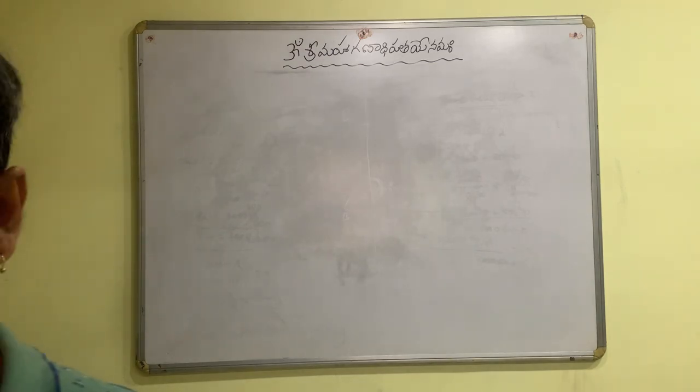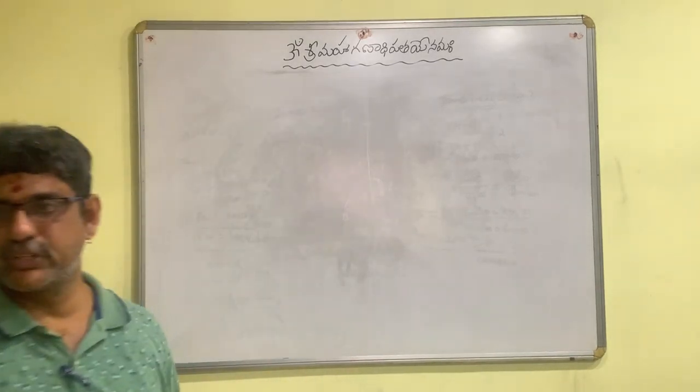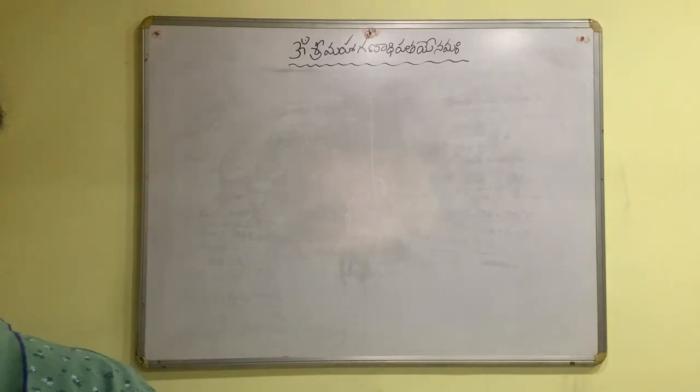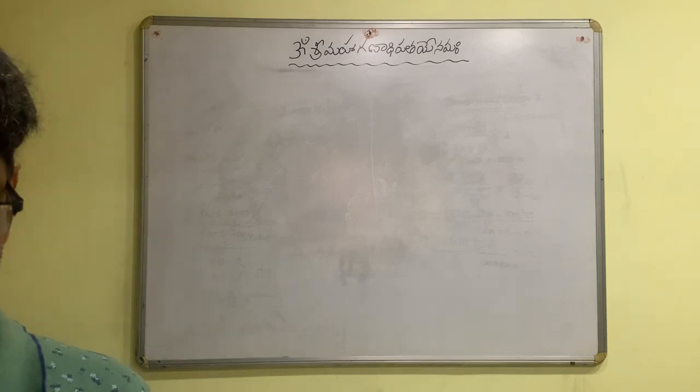Next, go to the 12th question. A tree casts a shadow of 15 meters long on the level ground when the angle of elevation of the sun is 45 degrees. Then what is the height of the tree?